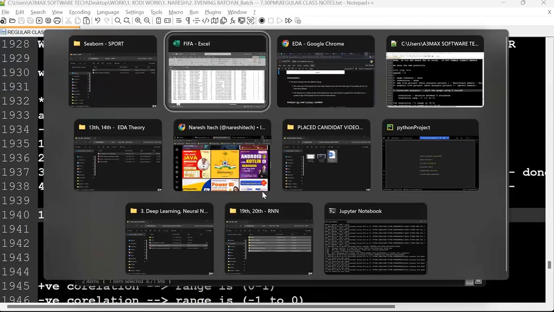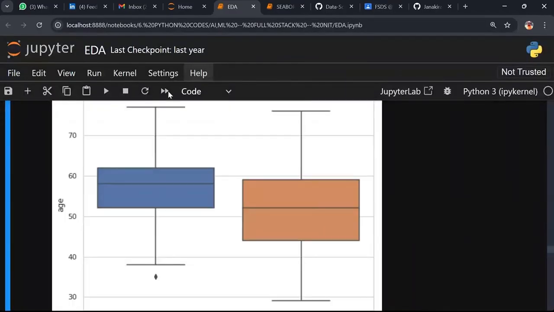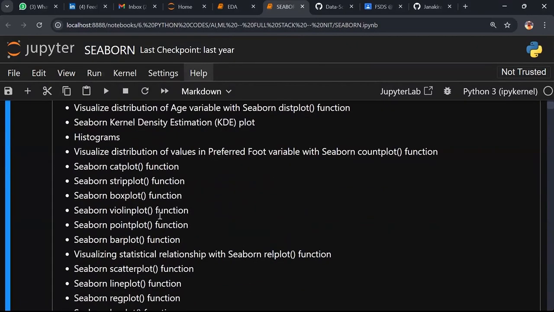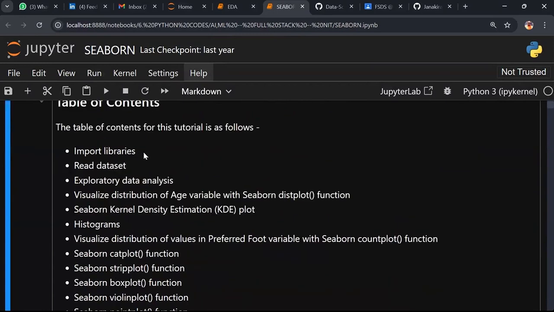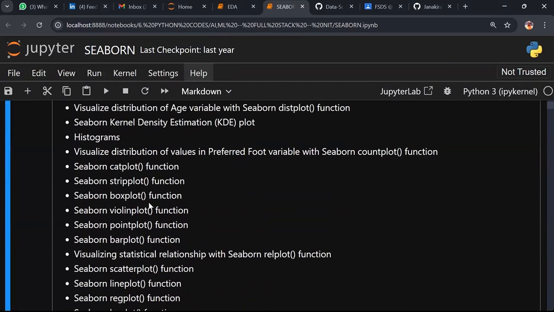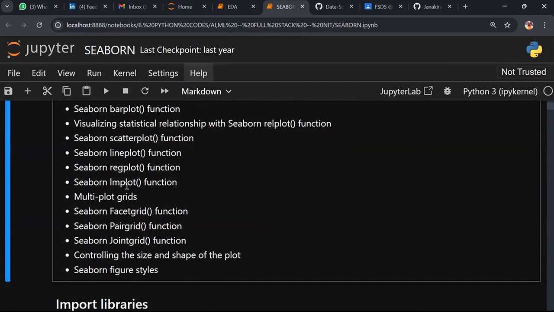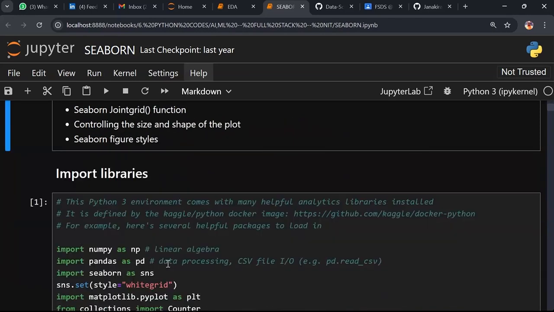Okay, just one moment. Minimize. Now let's go to the practical. Just go here and Seaborn. In this one, I'll give a glossary. So what we did: import libraries, read dataset, EDA, histograms, cat plot, strip plot, box plot, violin plot, point plot, bar plot, scatter plot, line plot, reg plot, LM plot, multiplot, facet grid, pair grid, joint grid, and figure style.